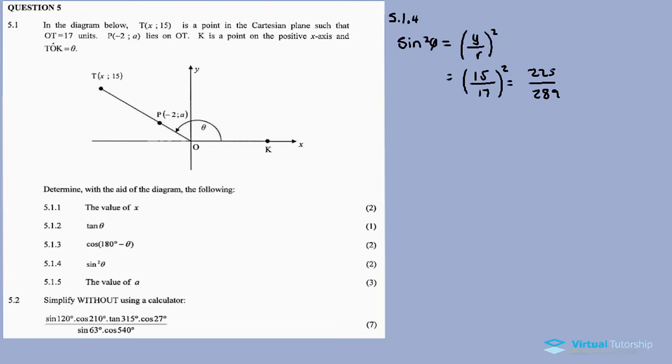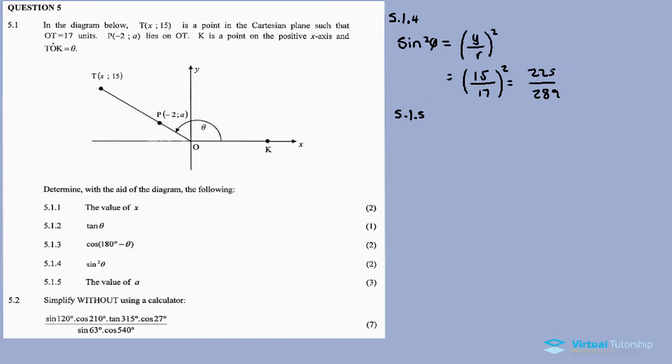5.1.5, we need to calculate the value of a. This problem is very simple if we are given the distance between O and P. But here we are given the radius, or the arm length, for OT instead of OP. So look, I prepared a sketch.